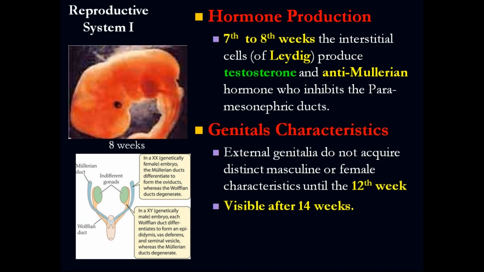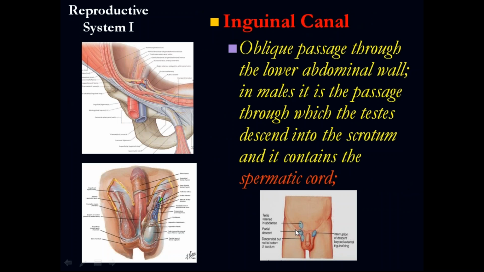So that is the earliest that we can observe the external genitalia. So here we have, remember we were talking about the testicles being located in the retroperitoneal area, very high at the level of T12, L1. The testicles start to descend, and they come from inside the body to outside the body through the inguinal canal.